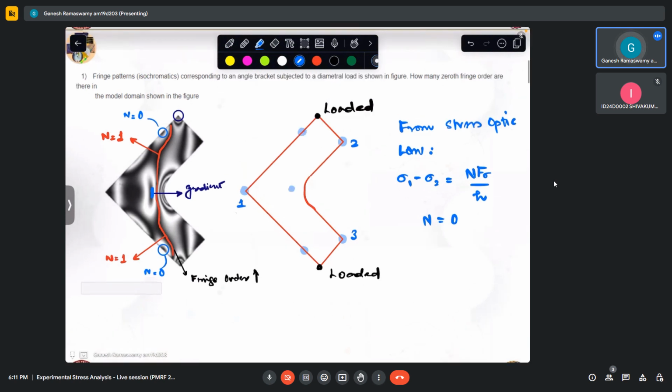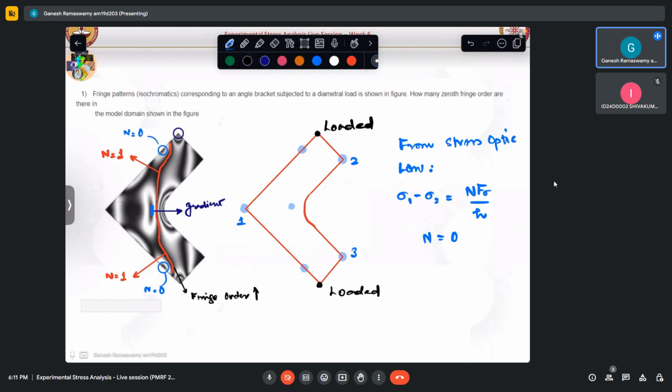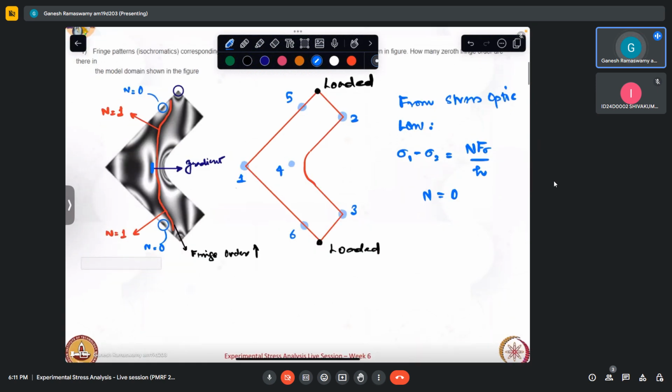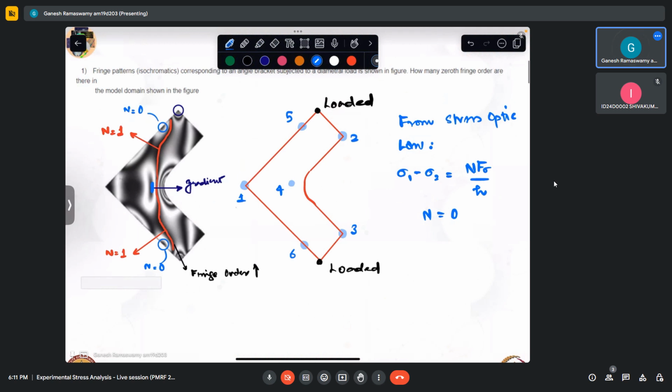We have been able to identify basically 6 points, 1, 2, 3, 4, 5 and 6, where the fringe orders are 0. So, for fringe ordering, we need to know at least the fringe order at one point, and then we can go about resolving it from our knowledge of solid mechanics, from our knowledge of the features of the isochromatic fringes and other aspects to it.